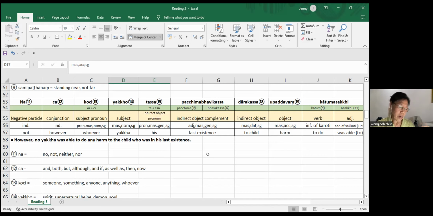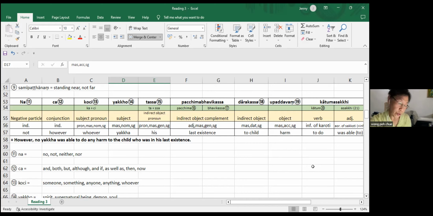So the declension here, SSA, is a genitive. So that's why that is his last existence. So this word Pachima describes the word Pavikasa, and the whole word is an object complement to the Darakasa.